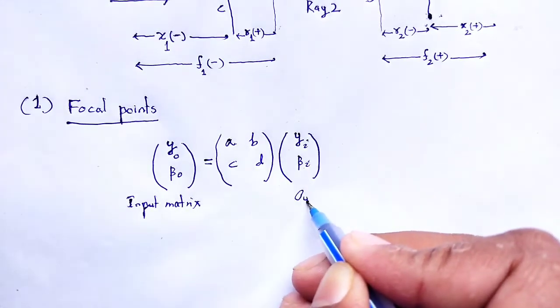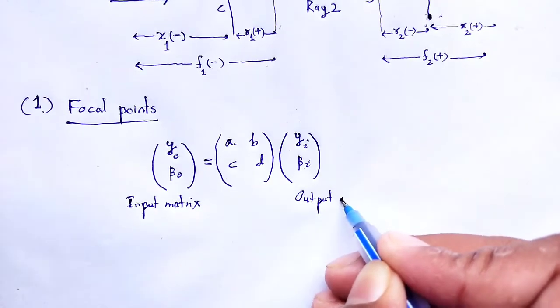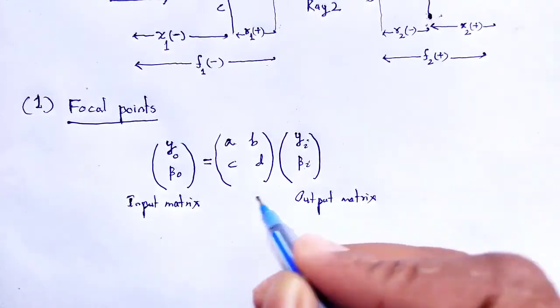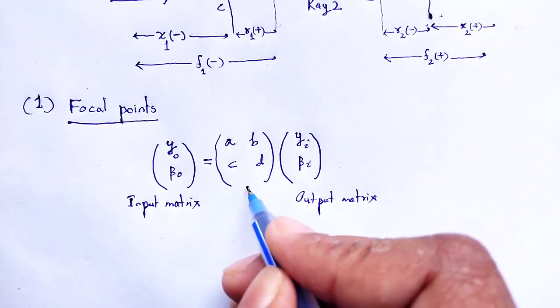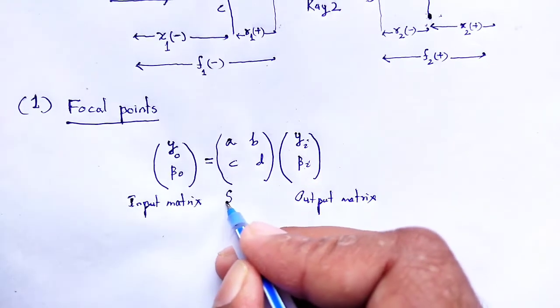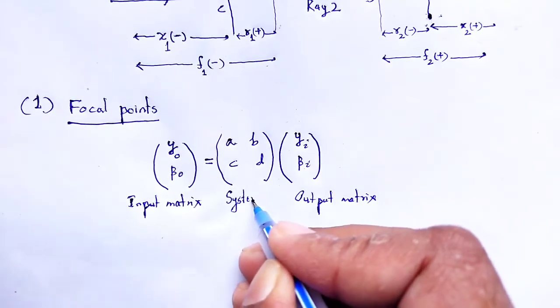The input matrix gives rise to the output matrix through multiplication by the system matrix.